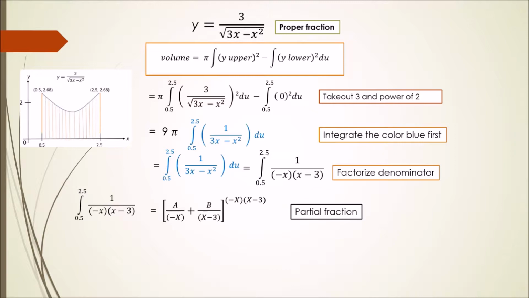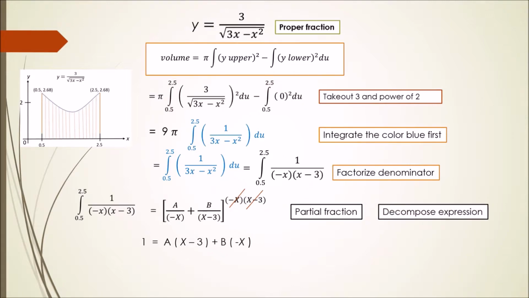So a over negative x plus b over x minus 3. Clear the fractions, become a equals a(x minus 3) plus b(negative x).